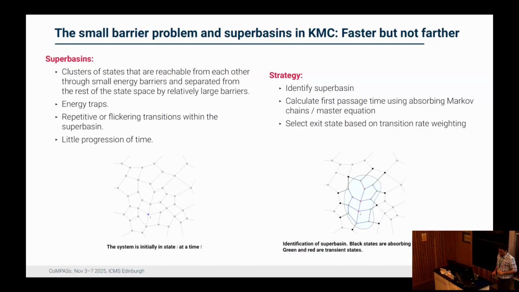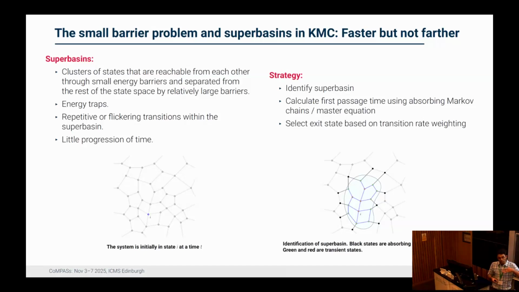But then there is one more thing in between these two, which is the low-lying energy barriers. When I say low-lying energy barriers, the barriers are large enough so that they are greater than KBT, and so the Markovian approximation is still valid and the transition state theory is good, but small enough so that the advantages that you get from kinetic Monte Carlo are now eroded, in the sense that the system flickers between a set of states without any progression in time.